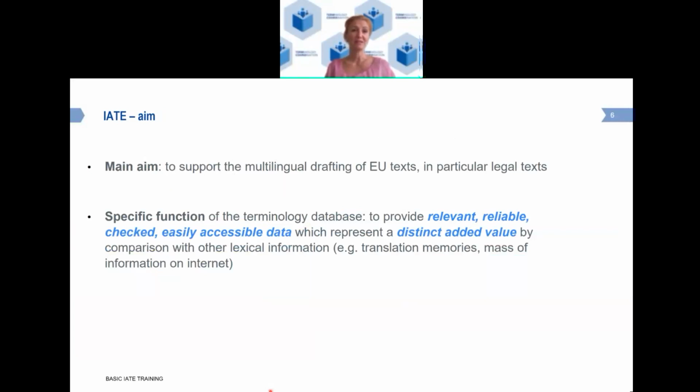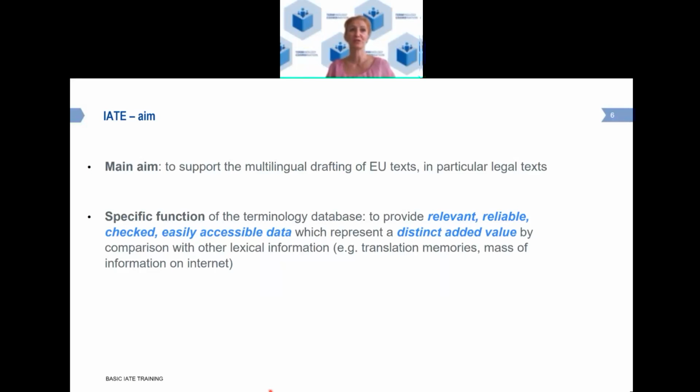Well, what is the aim of IATE? It is to support the multilingual drafting of EU text, in particular legal text, but not only. More terms are being created that end up in IATE that are not even legal, like terms from subtitling, audiovisual. So it's not only legal texts.